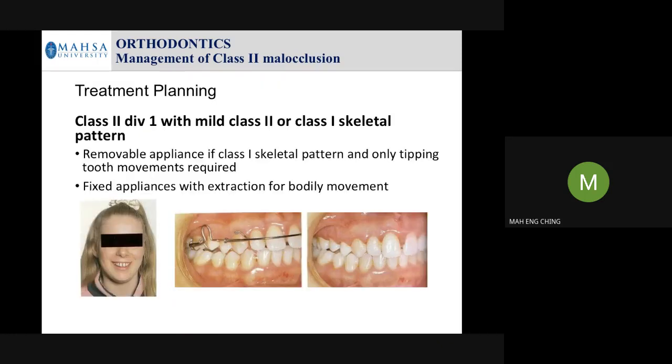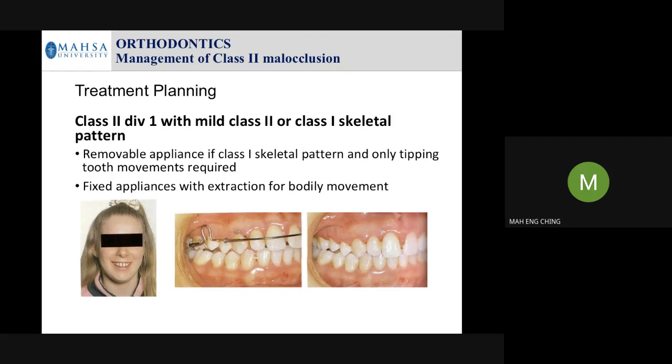So now we come to treatment planning. After you assess the patient accordingly, you come up with a treatment diagnosis, which is class 2 division 1, either due to the skeletal, the lip profile, or the dental factor. After that, you come up with a treatment plan. For class 2 division 1 with a mild class 2 or class 1 skeletal pattern, it is mainly due to the upper incisor sticking out.